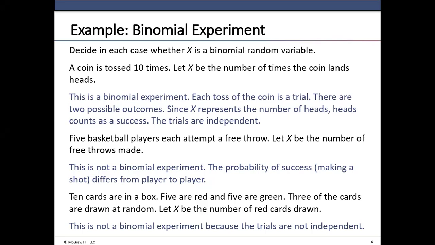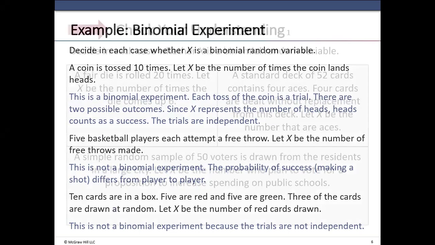Now, if you take out a card and by chance it is red and you leave it aside, then inside the box you will have 4 red cards. And the total number of cards is 9 instead of 10. So this is not a binomial experiment because the trials are not independent. What you draw in the first trial will influence what you draw in the second trial, or the probability of the second trial.